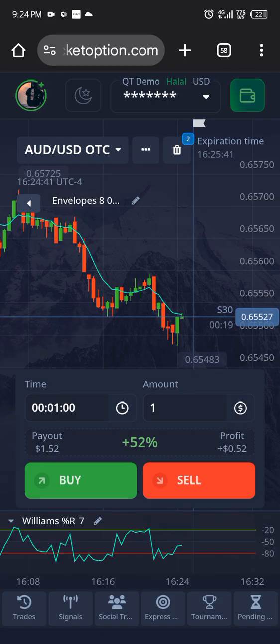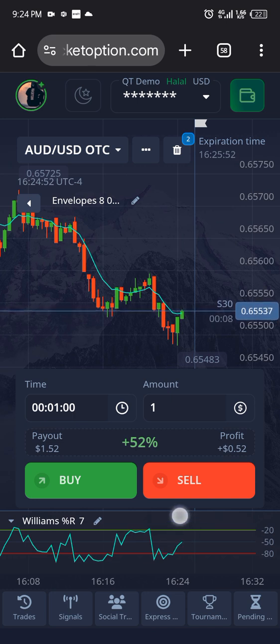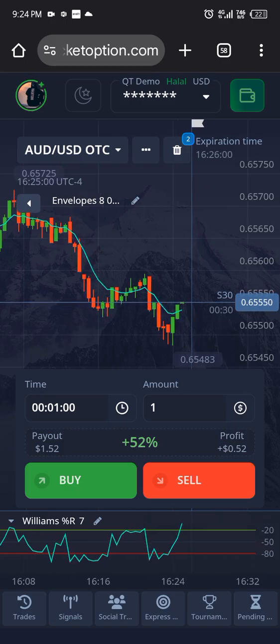And if this candle moves bullish and the candle closes when this one passes through this green line, that means that as soon as that candle is closed, the next one that is going to open, you execute your buy trade. Let's wait for this market, you see.